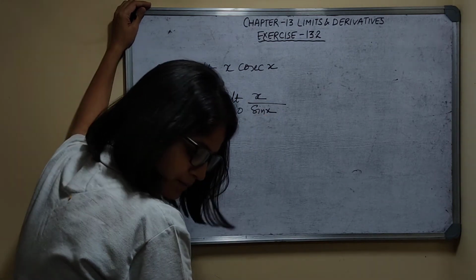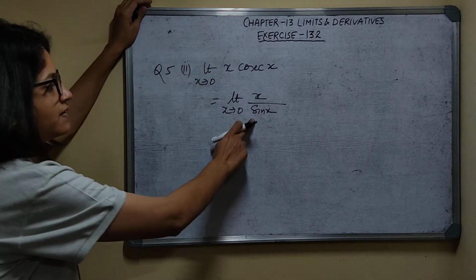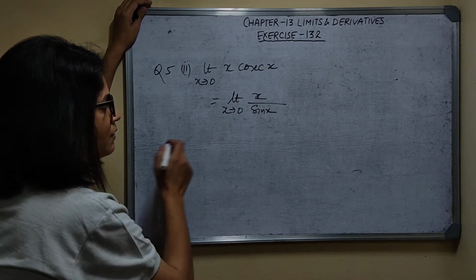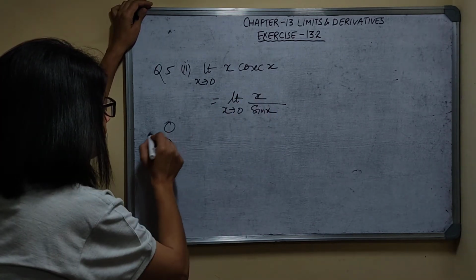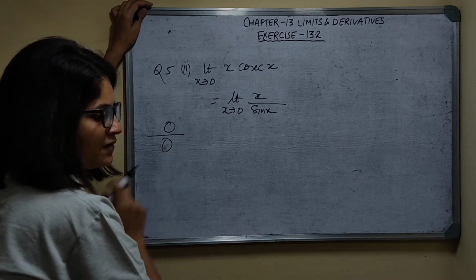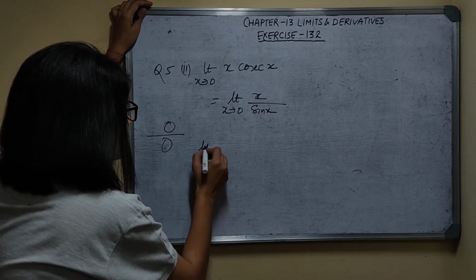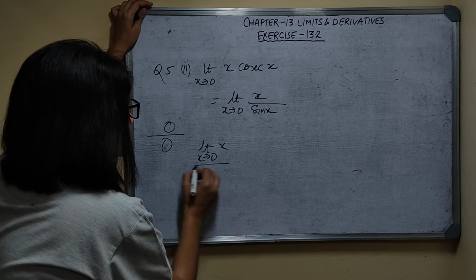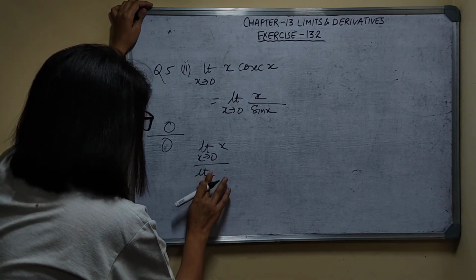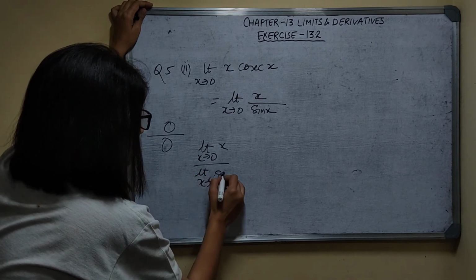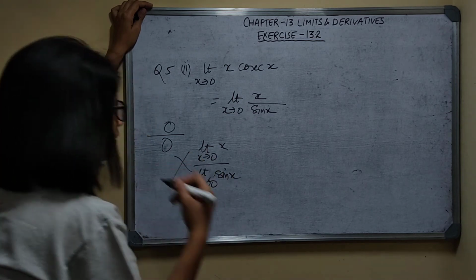And if directly I put this, sin 0 will be 0, and here also it will be 0. So it will be 0 by 0 form. That's why I can't write limit x tends to 0, x upon limit x tends to 0, sin x.